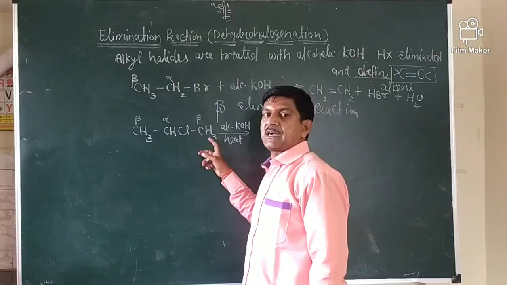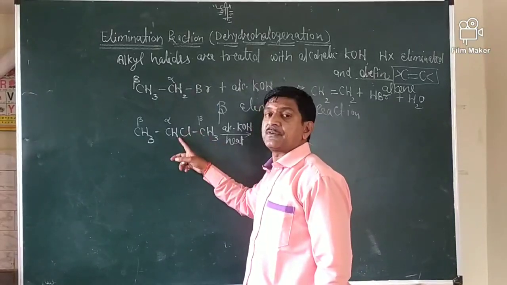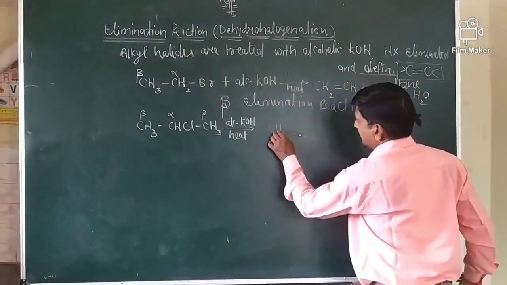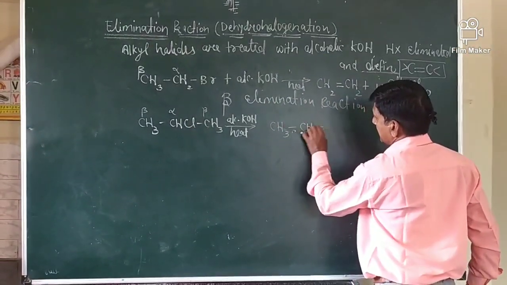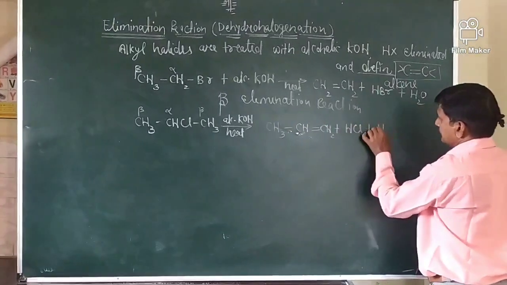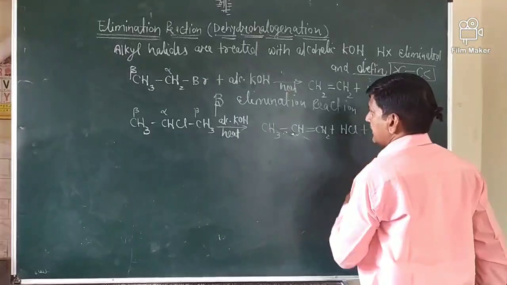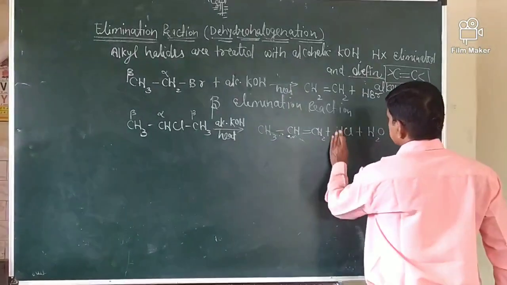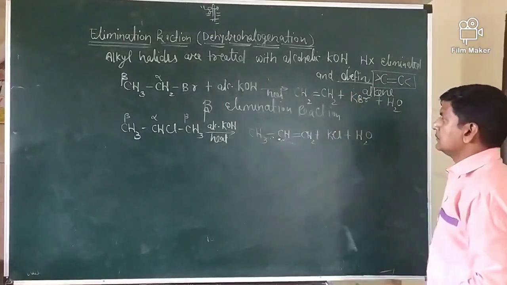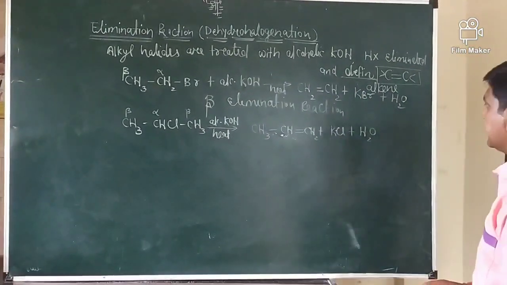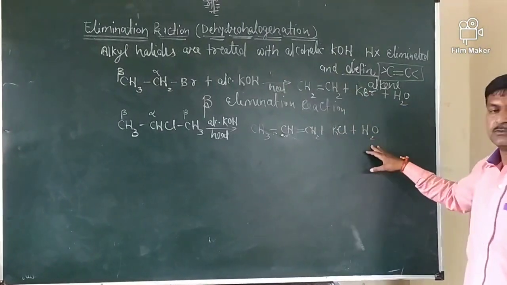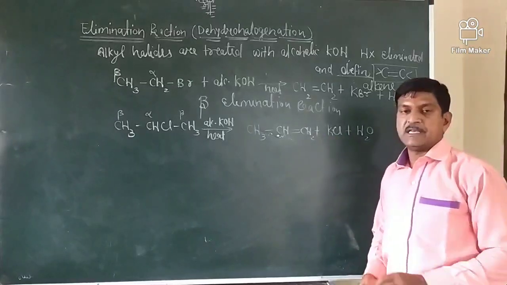Hydrogen atom is lost from the beta carbon atom and halogen atom from the alpha carbon atom is eliminated, forming the olefin CH3CH=CH2 plus HCl. Sorry, with KOH the products are KCl here, and also KCl, not HBr. So they form compounds like KBr, KCl. This is known as elimination reaction.